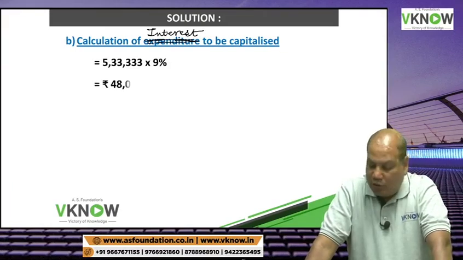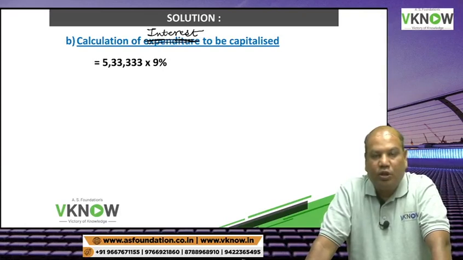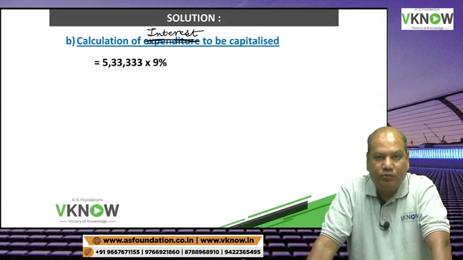Average expenditure into 9%. Multiply 9% of 533,333 is how much? This is equal to 48,000.